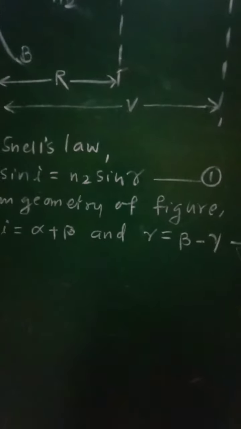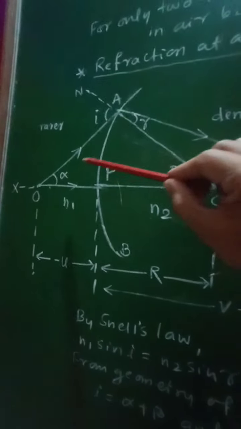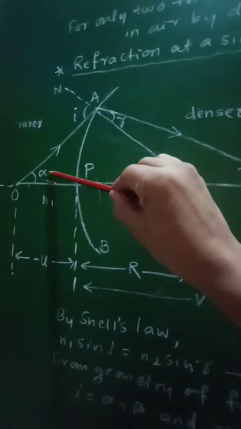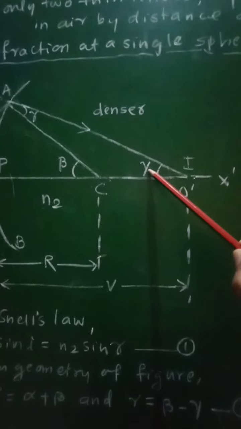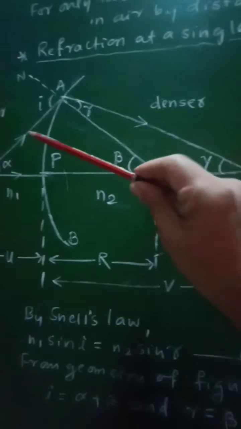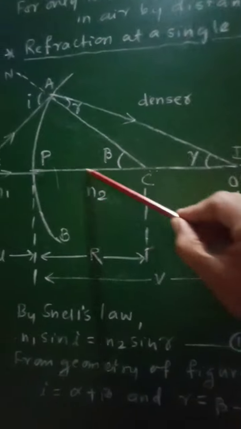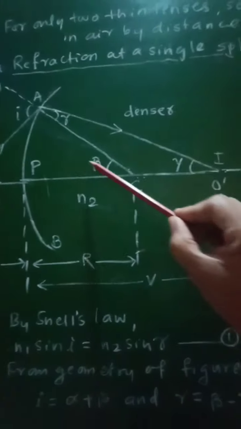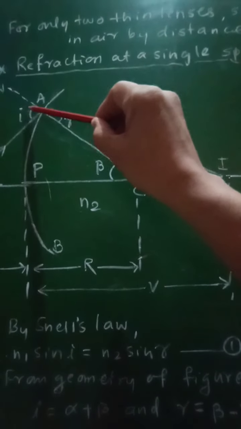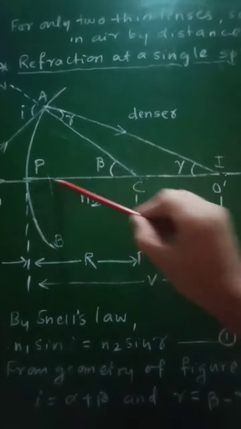Now if you consider the geometry of the figure, consider this angle alpha, then angle beta, then angle gamma here. Consider the first triangle OAC. For this triangle OAC, this angle is alpha, this angle is beta, and angle I is the exterior angle of triangle AOC.